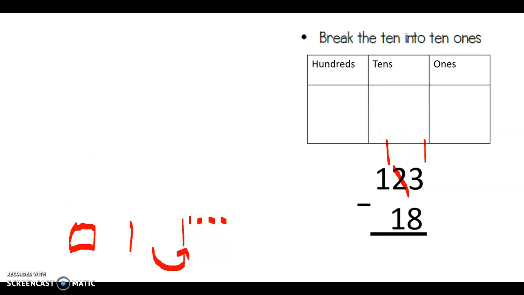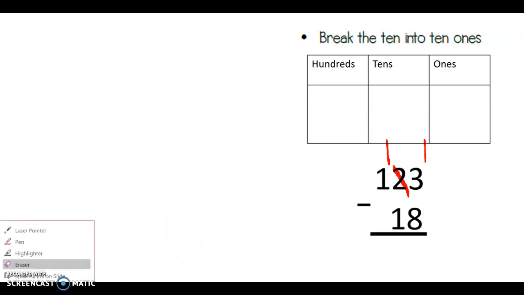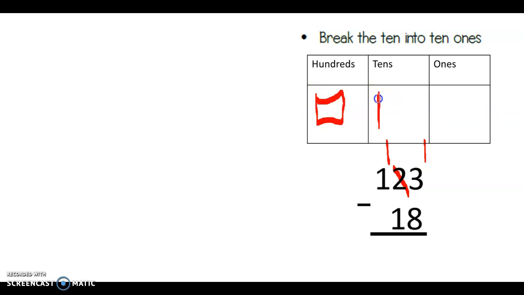So now I have to break the 10 into 10 ones. So there's my 100, my 10 that remains in the tens place. And remember, this is my 10 that I have carried over to my ones place with my 3 ones.